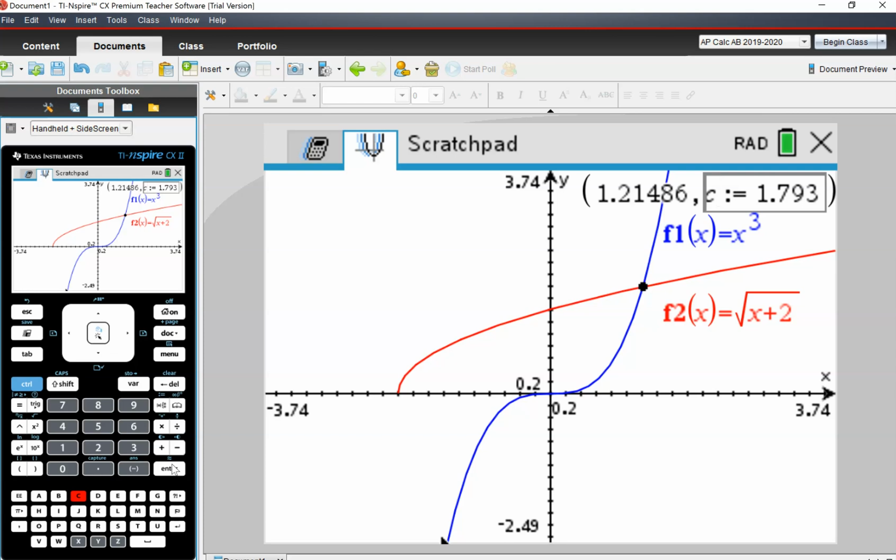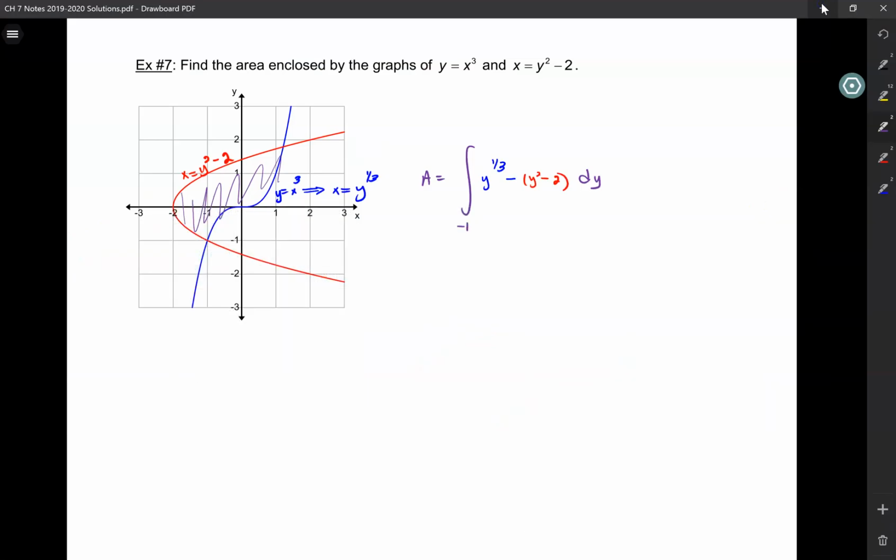Control and menu. Enter. So here we go, 1.793. So let C equal 1.793. And so here you can go from -1 to C. You either do it this way, or you physically write in 1.793 on the top of the integral. But you can't do -1 to C when you haven't defined what C is.